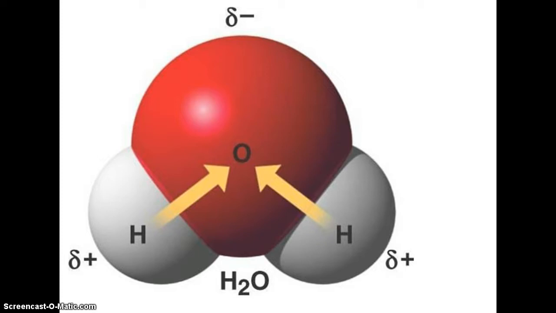So that's where we're going to start off today, in this lesson, about one specific type of molecule that is super important for life, and that is the molecule of water. So here we go.